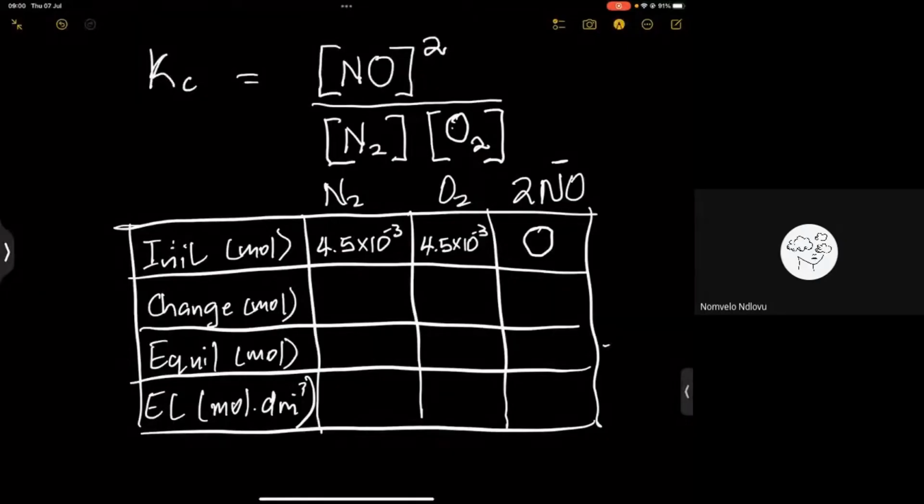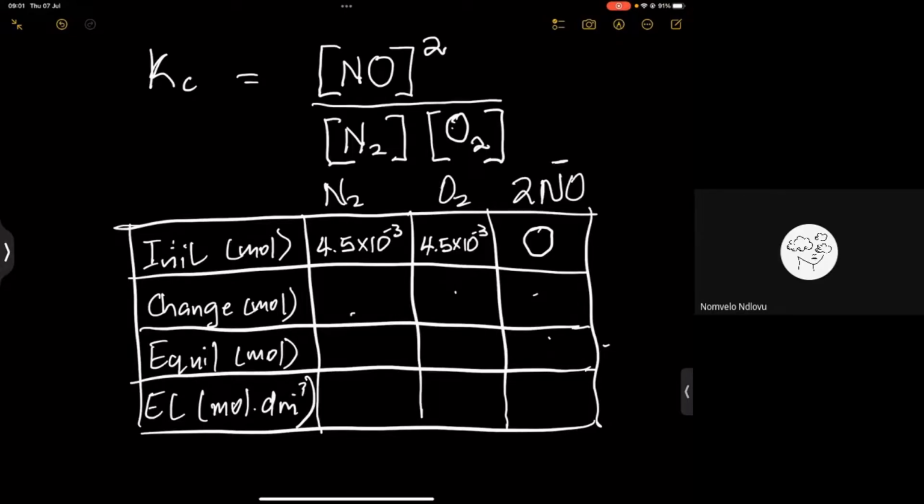So now they said to us we've got the equilibrium constant. But now here's the thing. We don't know anything else on the table. So remember, for us to draw the table, we need to have some information so that we can plot any other thing, right? But here's what I'm going to do.